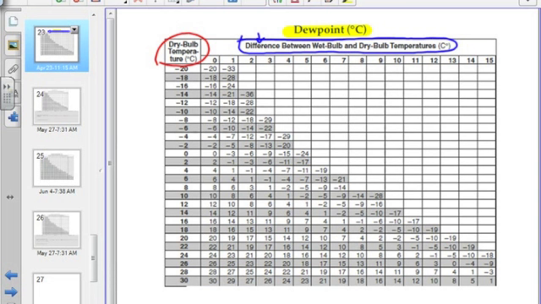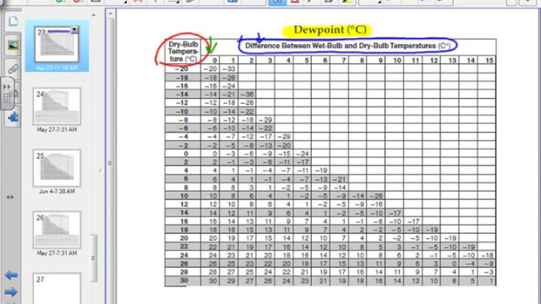Now I do want to point out, you want to be careful that you don't just count over the number of columns for, say, a difference of 2. If you count over 2 columns, your problem is you're going to wind up one column short, because the first column is always for a difference of 0, as if the air temperature equaled the wet bulb temperature.